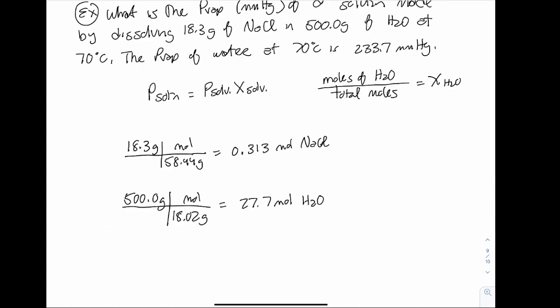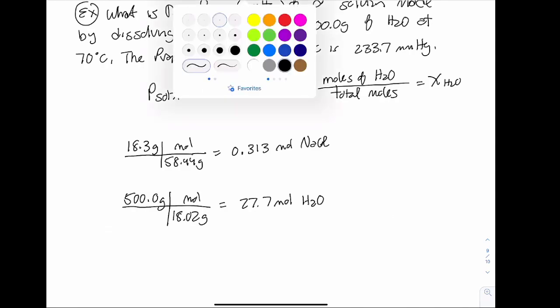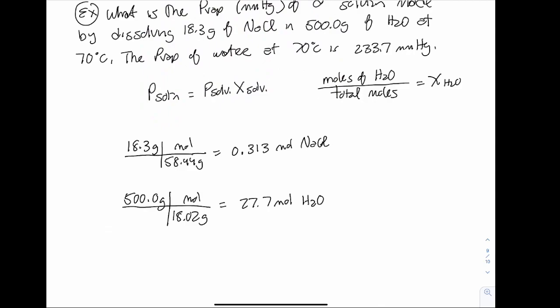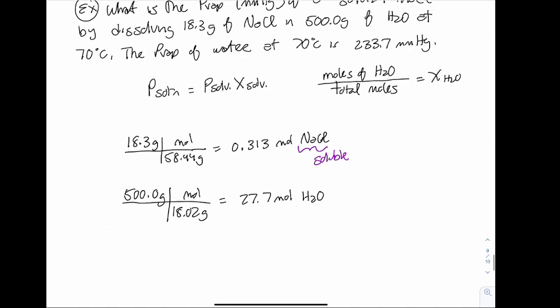So before we figure out our mole fraction, we do need to note that sodium chloride in water is soluble. Remember, if I was to take sodium chloride and put it in water, I don't have sodium chloride. What I have is sodium ions and chloride ions. We can write that equation here: if I take NaCl and put it in water, I get Na+ and Cl−.